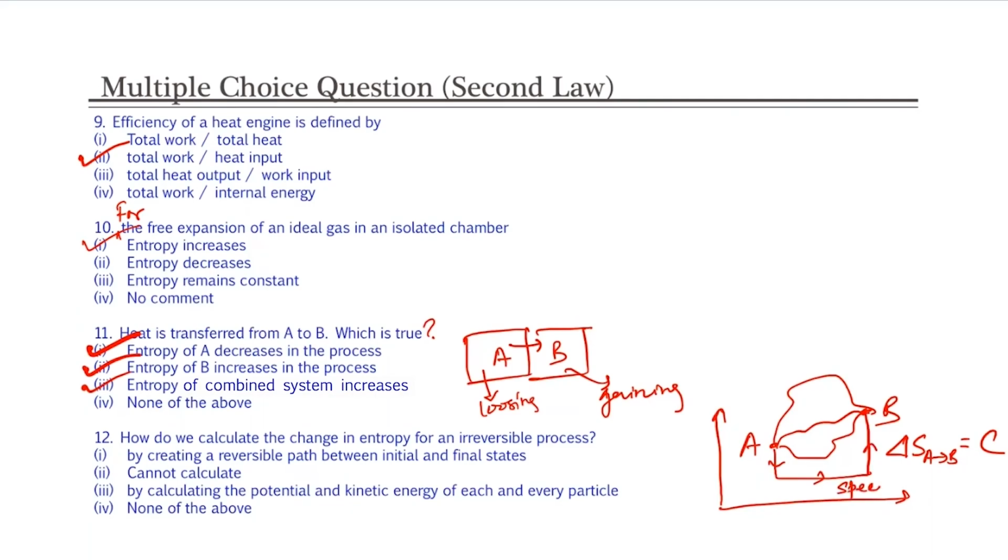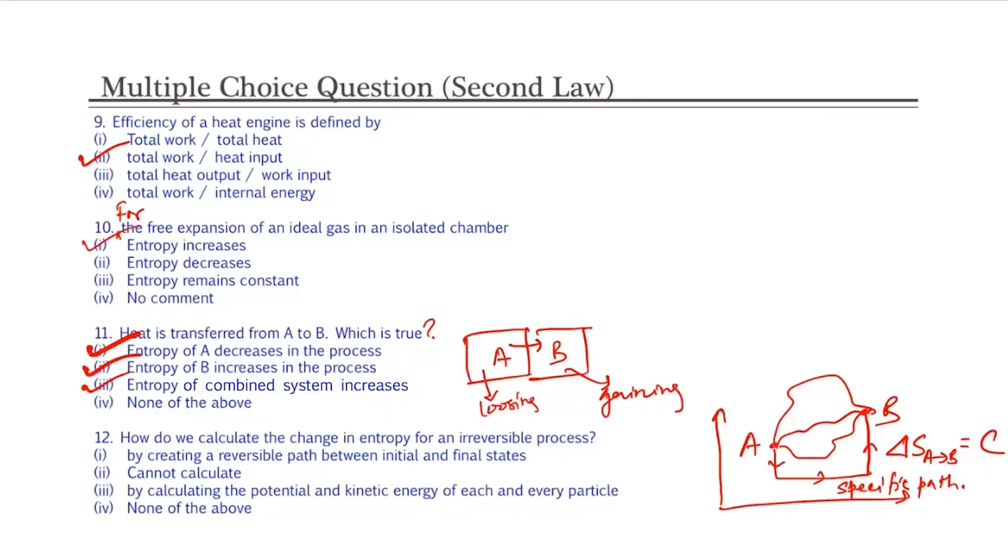So, it is a specific path which is a reversible path, and therefore, we will be able to calculate the reversible change in heat, and by definition entropy is reversible change in heat by temperature, and we will be able to estimate the value of entropy even though we are using a very different path. I can give an example. I think we have talked about that, but I will still mention it here.